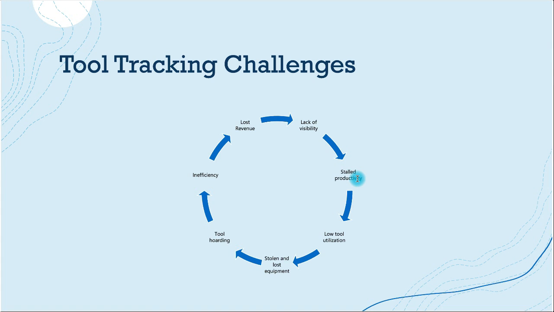Inefficiency. I think this goes back to the stalled productivity conversation, and the idea that any of these challenges that we face cause tremendous inefficiency in our organization. Lost revenue. So if we don't have the tools, if we don't have the resources, if we don't have visibility into our potential shortfalls, right?